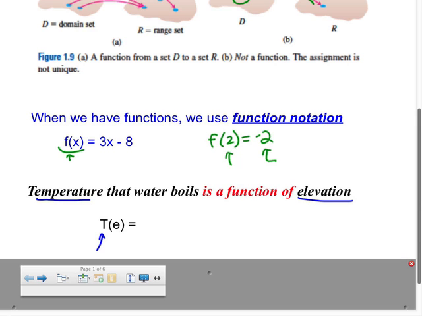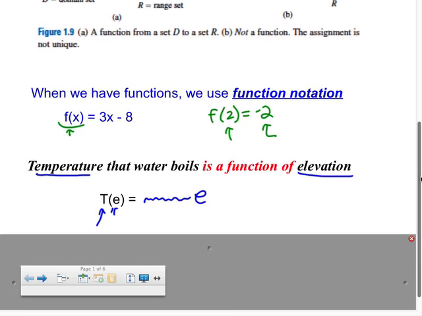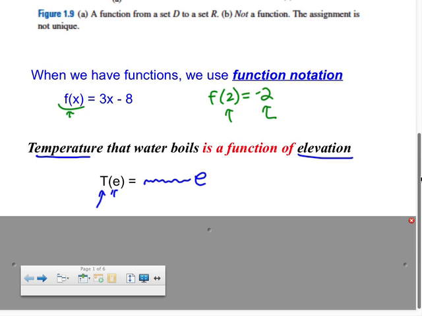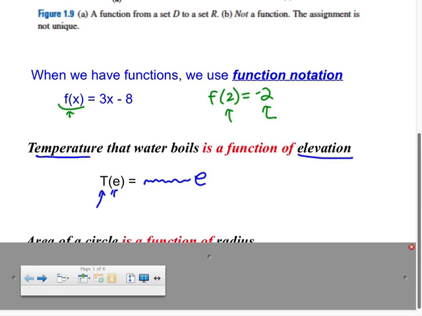And when we say a function of elevation, that means your elevation would be the variable that goes in. You'd have some equation in here, but there would be not an x. It's a function of elevation, so we'd have e in there of some sort, and I'm not talking about the e that's on your calculator, the irrational number, but just e as a variable here for the elevation. And you'd plug in the elevation if you want to know, like in Denver, Colorado, plug in the elevation and you would know what temperature the water would boil.